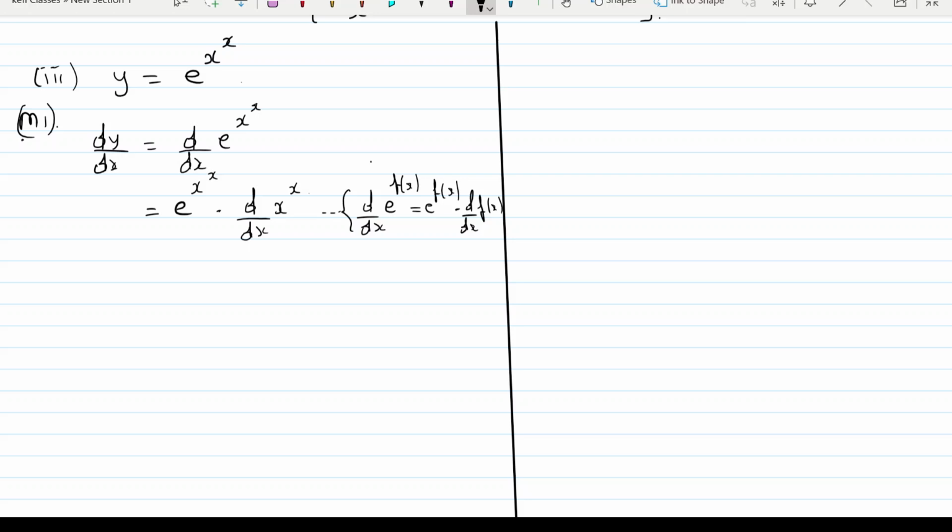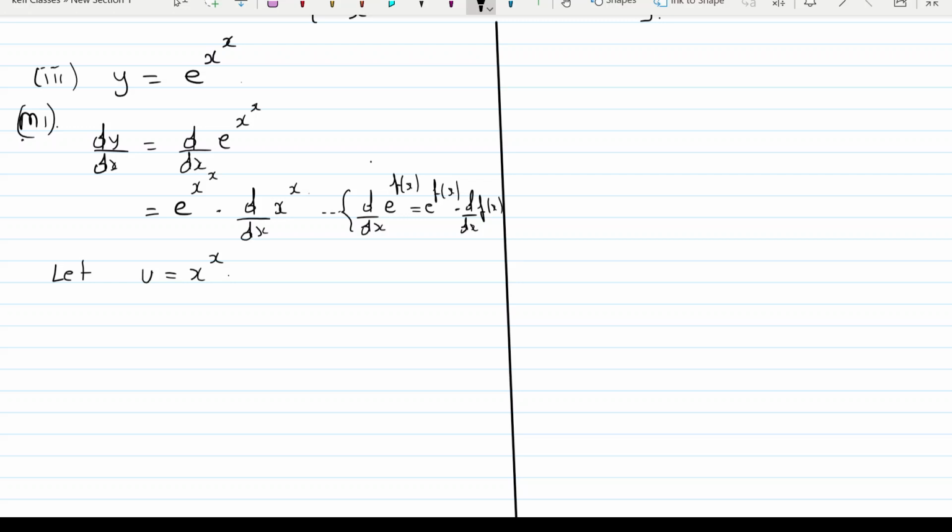Now we'll do the same thing that we did before. We'll say let u equal to x raised to x. This is our first problem. When we started logarithmic differentiation, this was the first problem we did: u is equal to x raised to x. Look in your book. The first problem that we did was just y is equal to x raised to x.